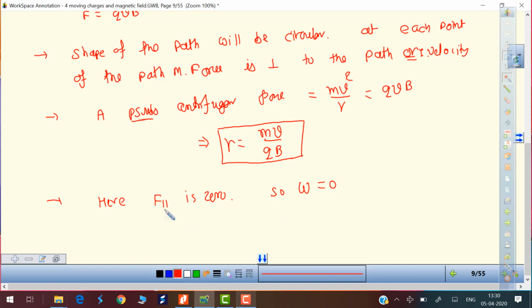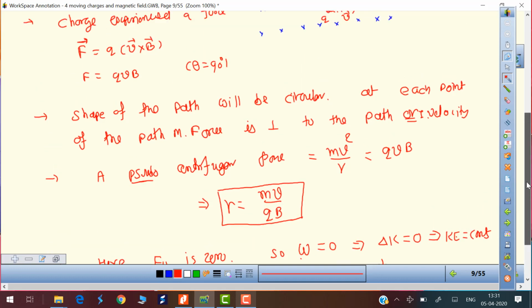Here it is not present, so work is 0, which implies that delta K is 0. What is delta K? Change in kinetic energy, according to the work energy theorem. Which implies that kinetic energy is constant. Again, it implies that mass is constant, so velocity magnitude is constant. So it moves with constant speed.